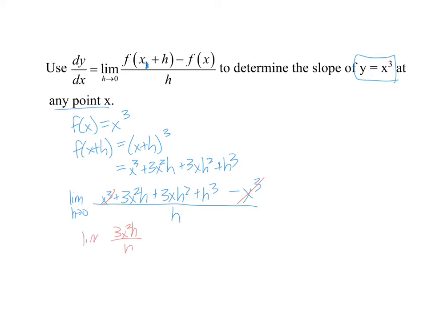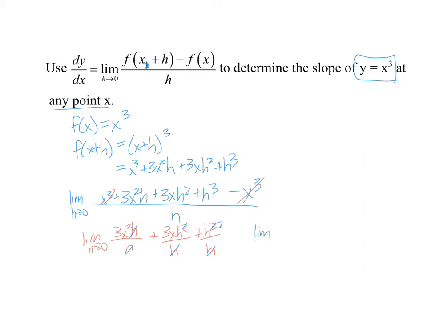So we'll still have our limit as h approaches 0. We'll have our first term divided by h, the second term divided by h, and our last term divided by h as well. If we simplify that, we can cancel out an h from each set. And now when we go to do our limits, you can see what happens.